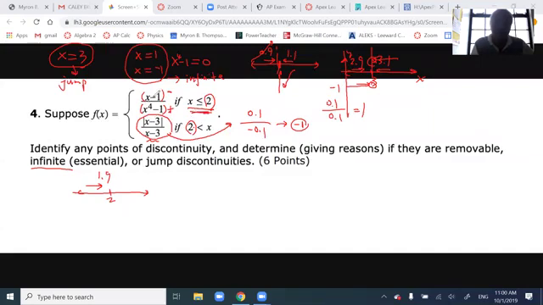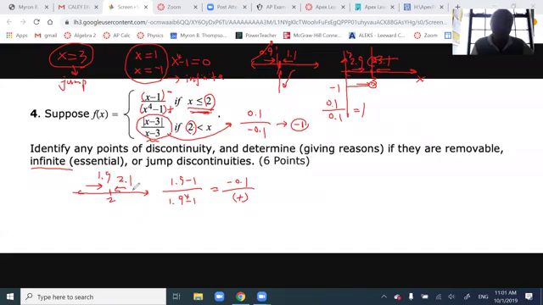So the top is 1.9 minus 1, over 1.9 to the fourth power minus 1. Of course, this is negative, and this one equals negative 0.1. But this is positive there, right?